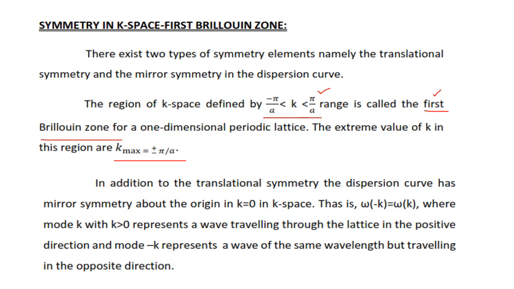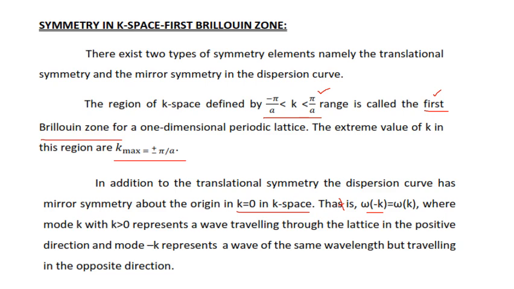In the mirror symmetry, in addition to the translational symmetry, the dispersion curve has a mirror symmetry about k equal to 0 in k space. That is, omega of minus k is equal to omega of plus k.